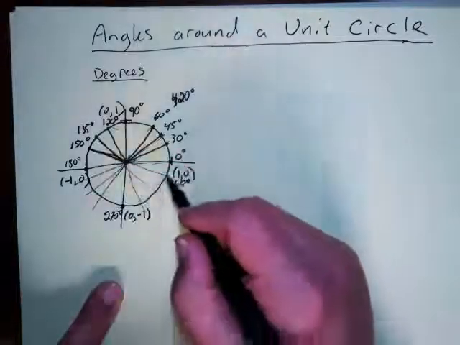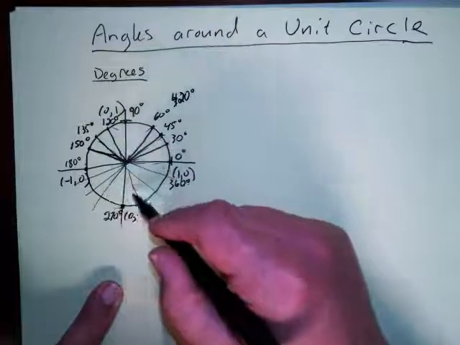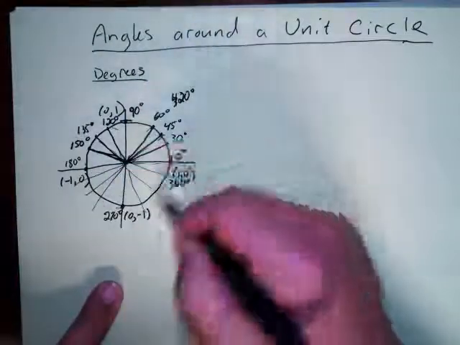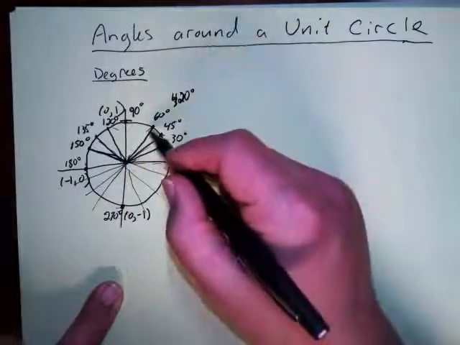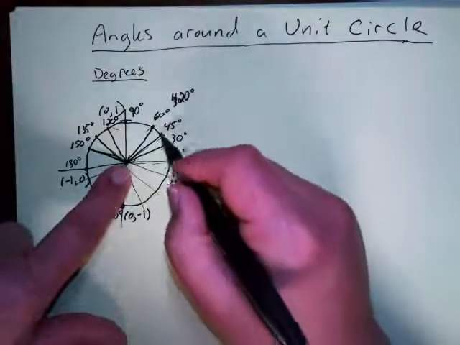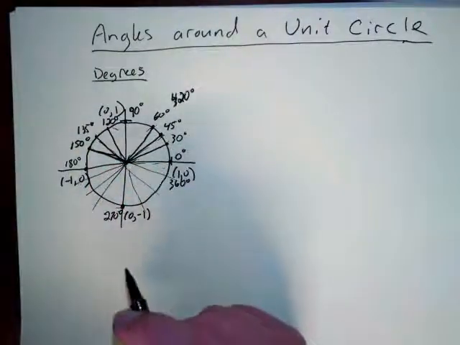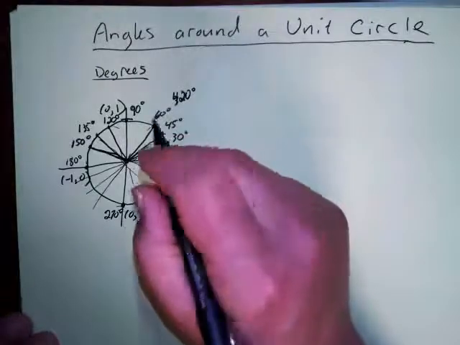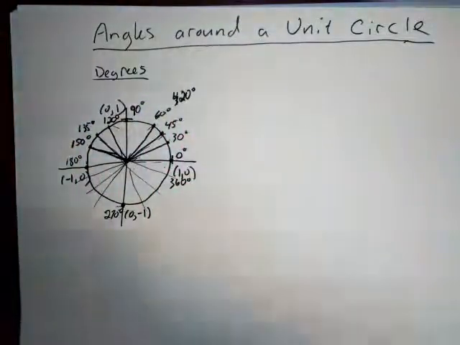And so the trig values depend on where you stop on the unit circle. Okay? So you can spin around as many times, but wherever you stop, at that point, it's going to be the same as if you just spun around directly to that point. Okay? So you got these coterminal angles.